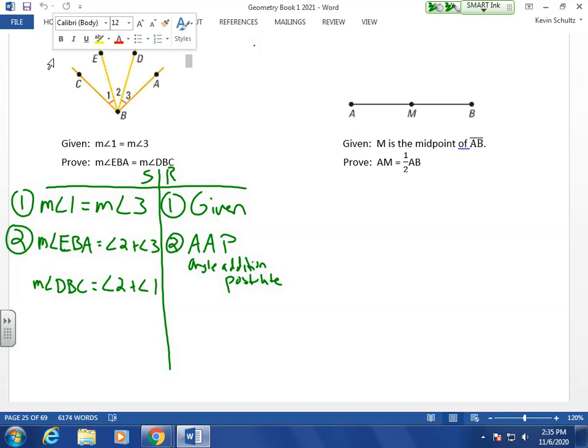And we don't even have to make a new step because it's the same reason as we had in step 2, the angle addition postulate. Okay. I like what I'm seeing here. Why do I like what I'm seeing? It's because I've introduced EBA and DBC, and I've got some relationships going on here between angles 1, 2, and 3, right? They show up a lot. Angle 1 is equal to 3, EBA is 2 plus 3, and DBC is 2 plus 1.